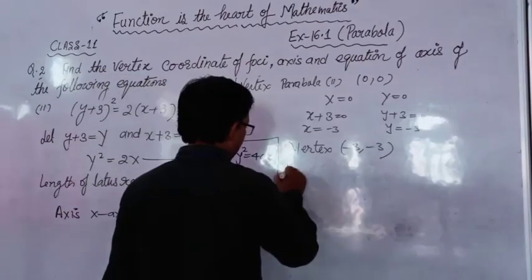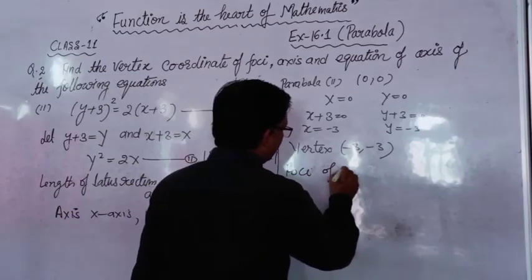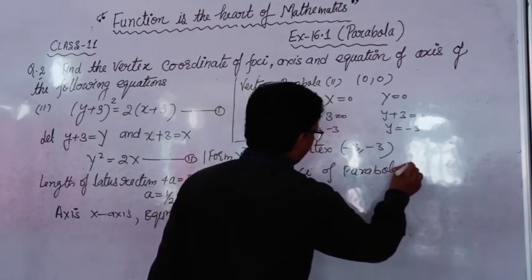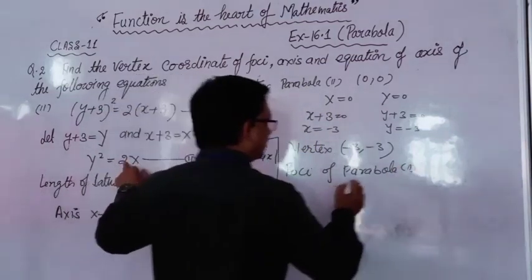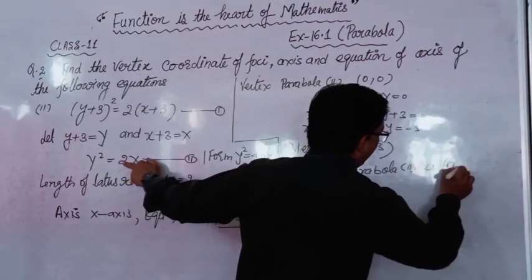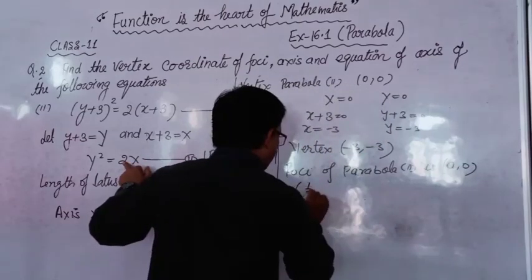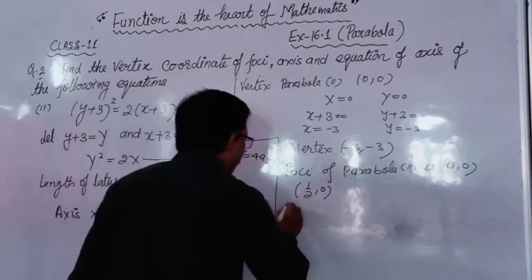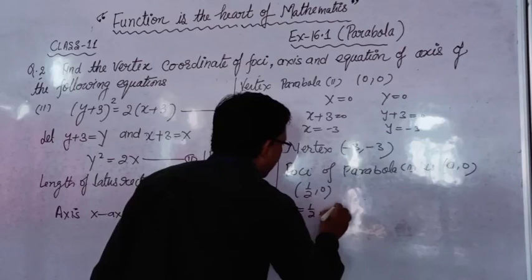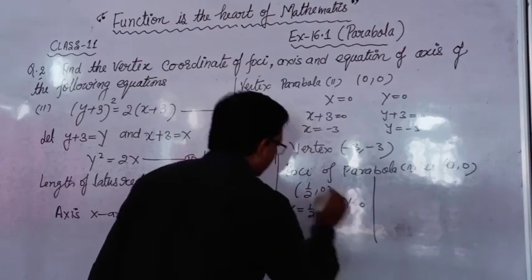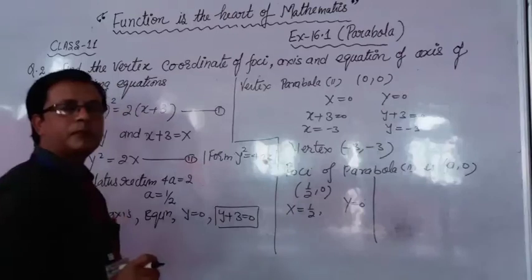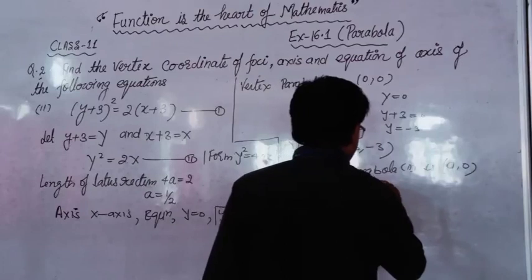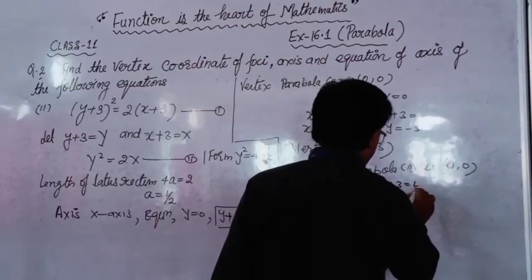Now focus. Focus of parabola 2 is a comma 0. The value of a is 1 by 2 comma 0. This is focus. It means capital X is equal to 1 by 2 and the capital Y is equal to 0. Now we substitute the value of capital X and capital Y, then we find the focus of this parabola. The capital X is x plus 3 is equal to 1 by 2.